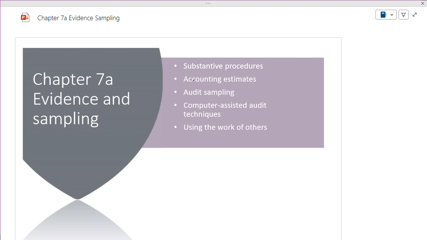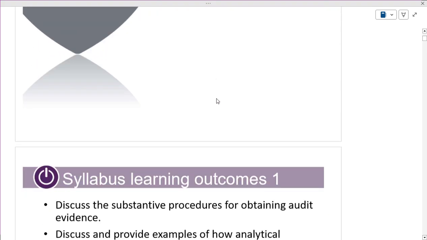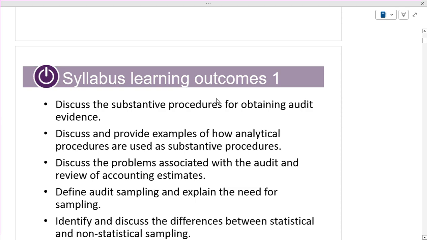You are asking me about examples; from here, it is examples and application that matter. We will discuss substantive procedures in more detail, like examples of how analytical procedures are used, with a small element of ratio analysis, very selected ratios.